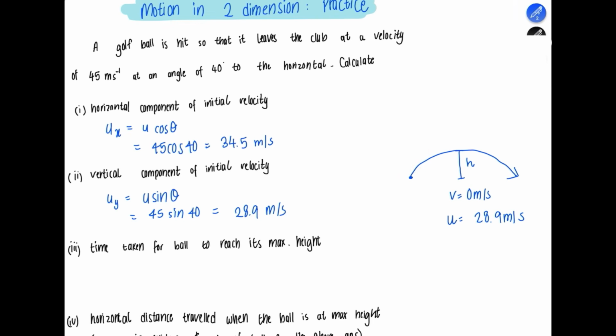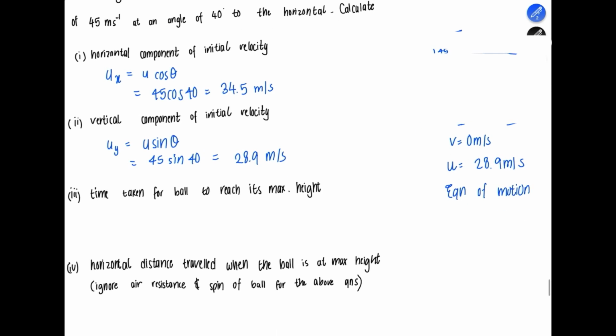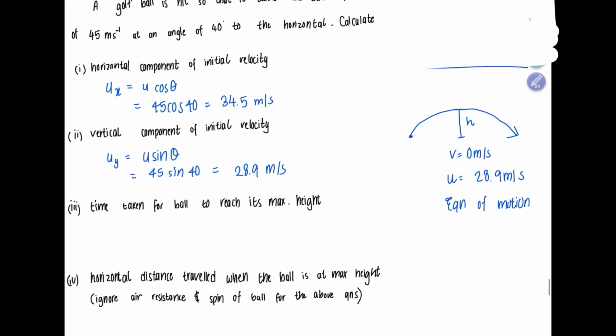So we have to use equations of motion. We cannot use speed as distance over time or velocity as displacement over time. So we have to consider acceleration. We can simply use the first equation, v equals u plus at. We have to make t the subject, so v minus u divided by a equals t.